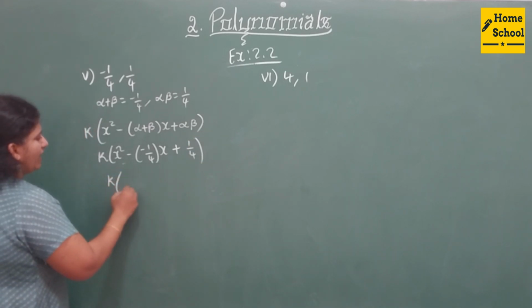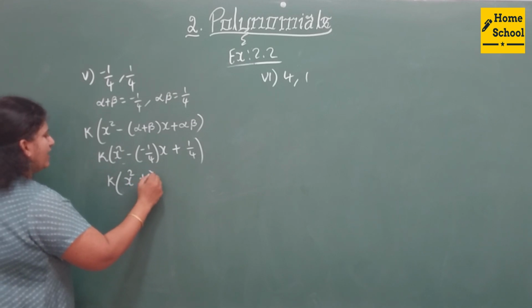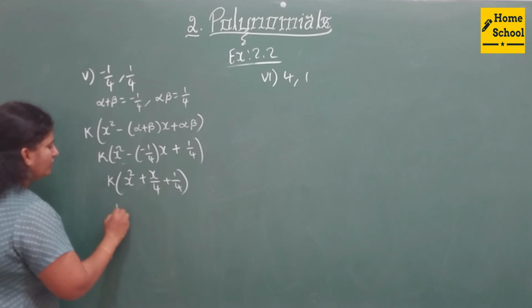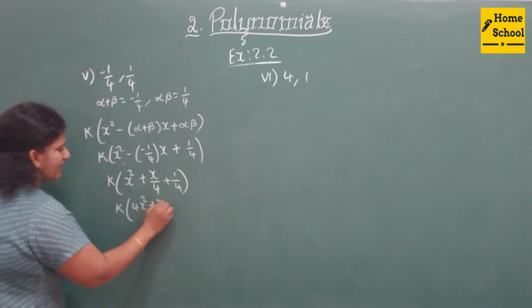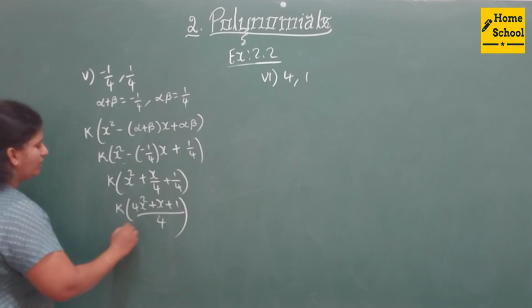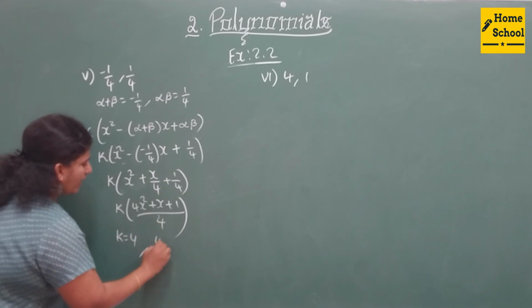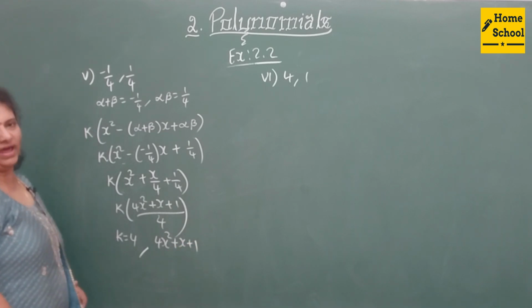Now remove brackets, x square minus into minus plus x by 4 plus 1 by 4. Do LCM, 4x square plus x plus 1 by 4. Right? Now if k is equal to 4, then the required polynomial is 4x square plus x plus 1.